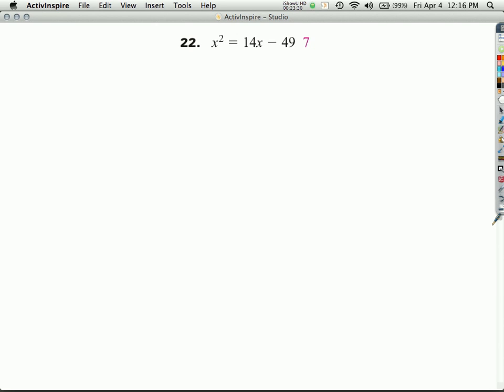I have 3 people who can read the instructions. Let's go with Janae. What do the instructions say above number 22? Using any method. So if we get everything onto the same side, we get x squared minus 14x plus 49 equals 0. What method is best here?